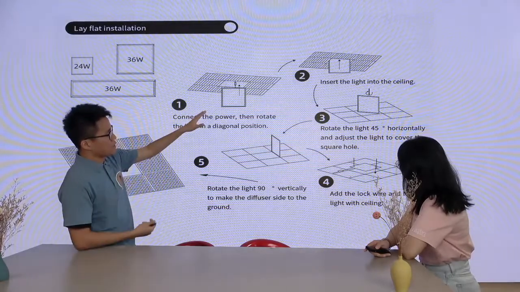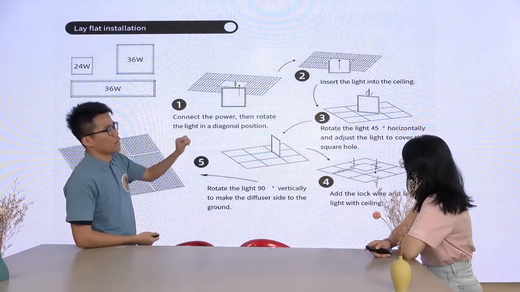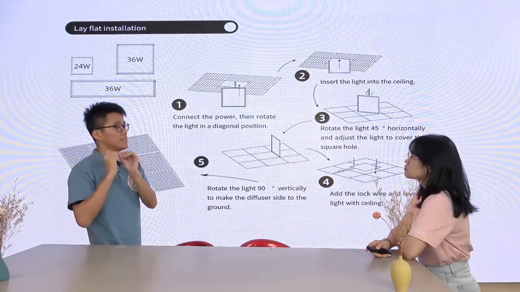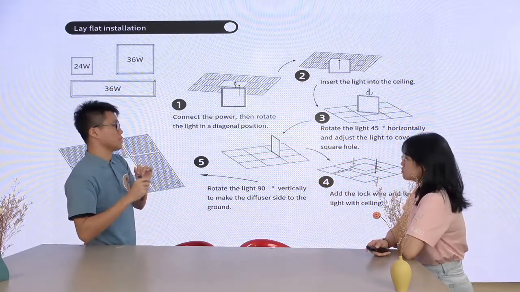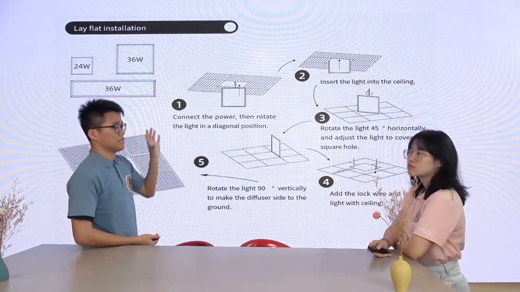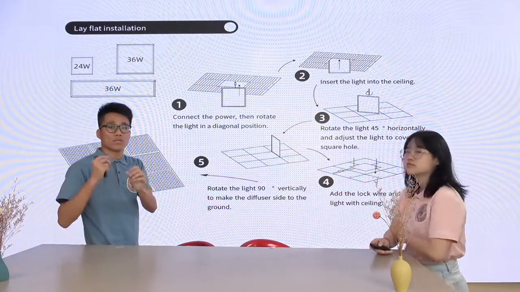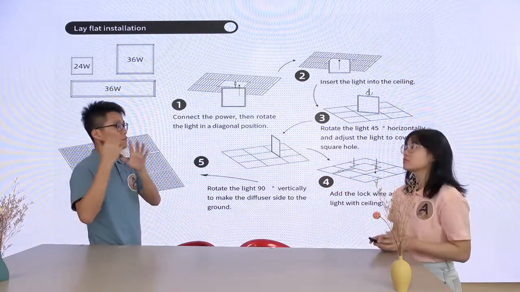And then after that we need to lock the wire, because we need to provide a safety wire. Some projects will ensure this panel light will not fall down from the ceiling. Yeah, this is a very important point, because we need to make sure the panel light will not fall down from the ceiling.